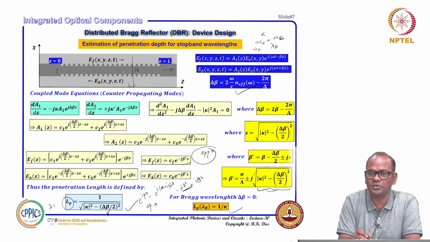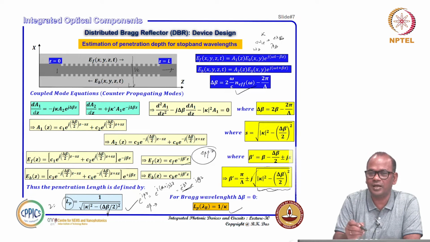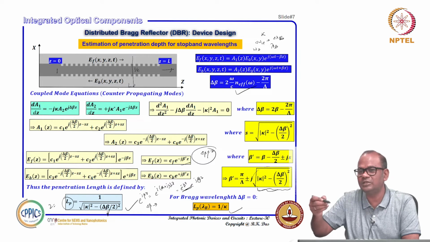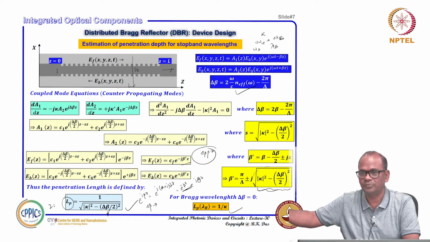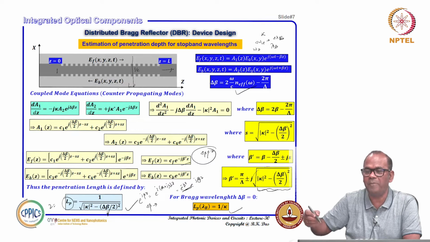Here periodic perturbation means periodic dielectric constant. So, the dielectric constant is perturbed periodically, similar to how the potential for an electron is perturbed because of the presence of atomic nuclei. The presence of atomic nuclei produces a stop band for electrons.